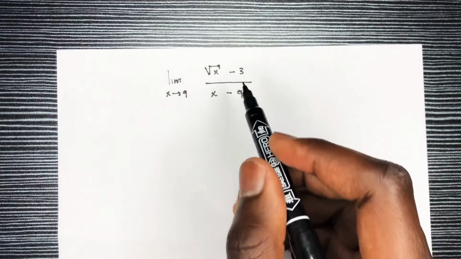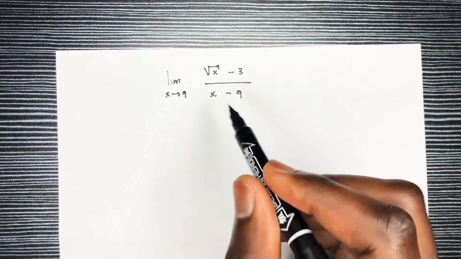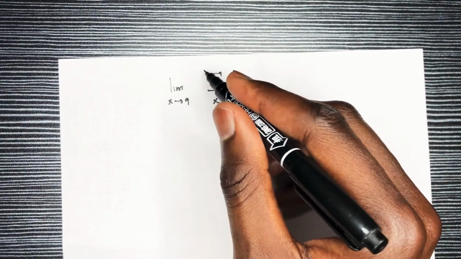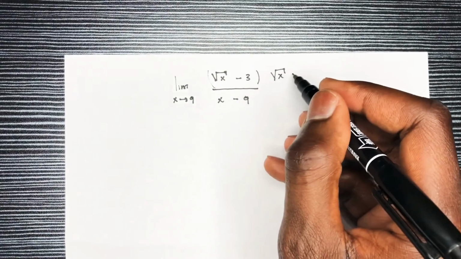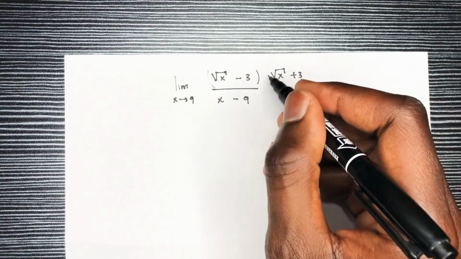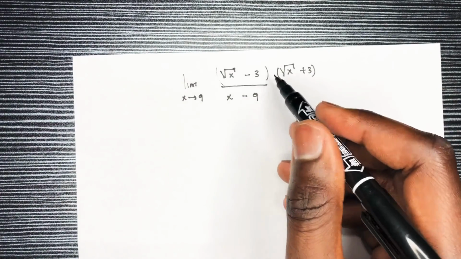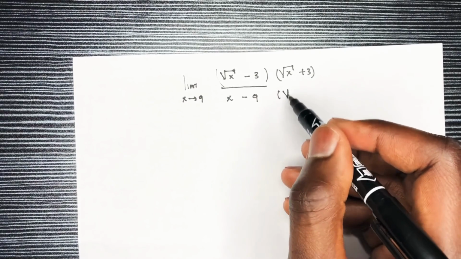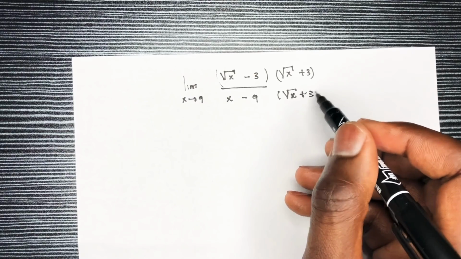The conjugate is basically the opposite of this expression, so we multiply by the square root of x plus 3. What you do to the top, you also have to do to the bottom, which is the square root of x plus 3.